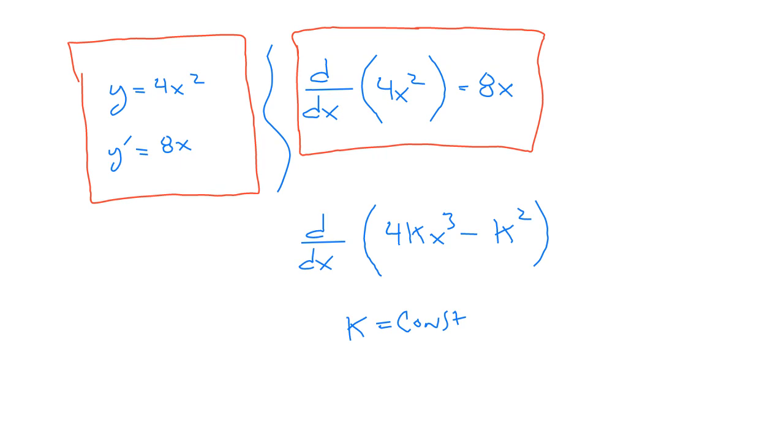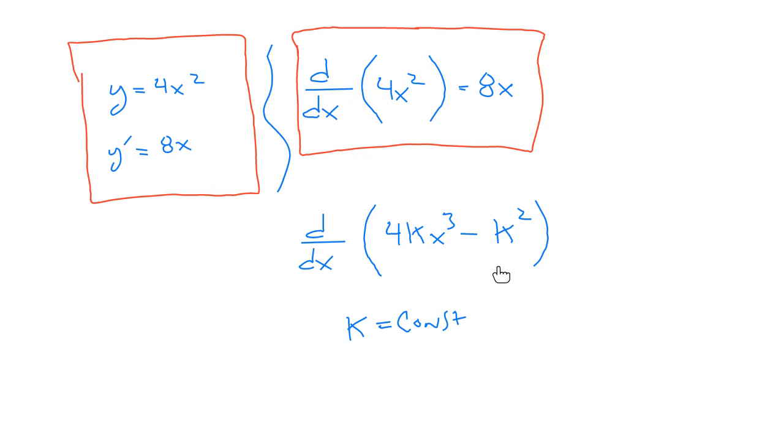So 4 is obviously a constant, right? 3 is a constant. But now I'm telling you that even though k is a letter of the alphabet that we spell with, that k is a constant, all right?